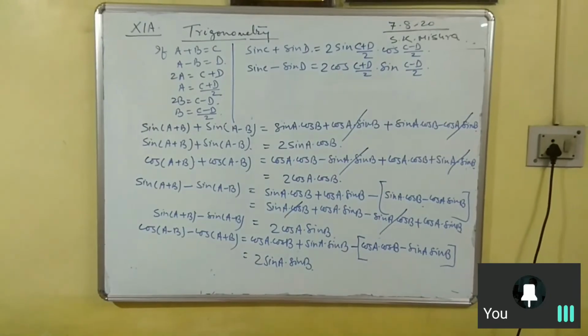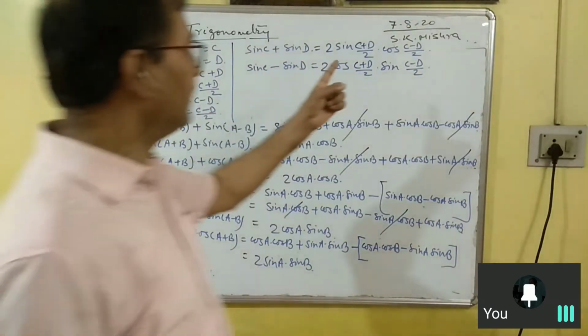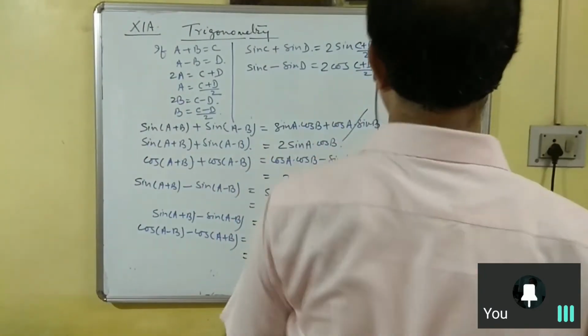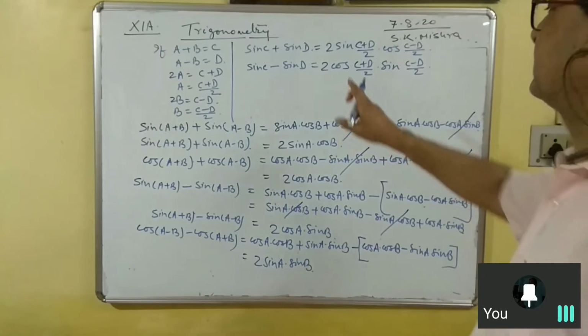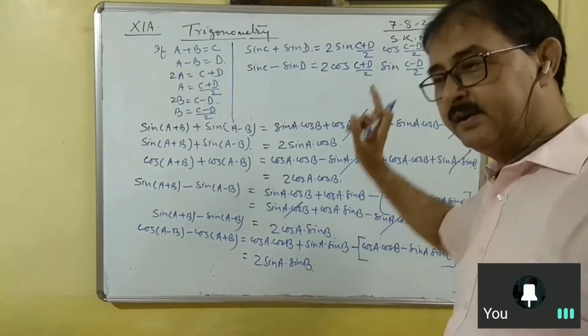So what is sin C plus sin D, and what is sin C minus sin D? The formula is very clear to you. Sin C plus sin D is 2 sin (C plus D) by 2 into cos (C minus D) by 2. Sin C minus sin D is 2 cos (C plus D) by 2 into sin (C minus D) by 2.